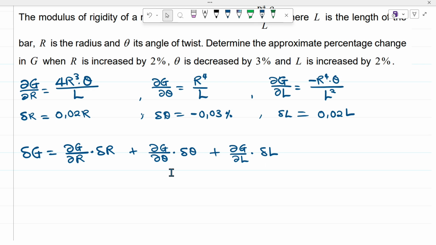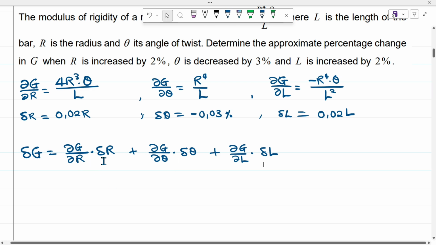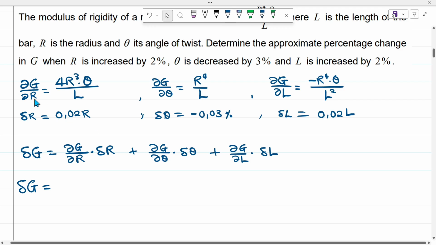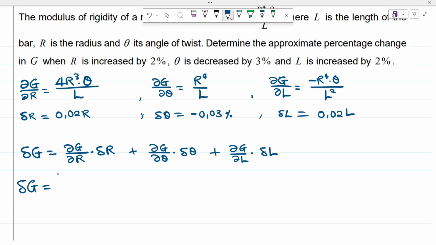So let's go. Now we have everything. We're just going to substitute there, and then we see what is going on. All right. So small change in G is going to be equivalent to what? We're just going to substitute the partial derivative of G with respect to R. We've already calculated it, so we're just going to substitute it here.